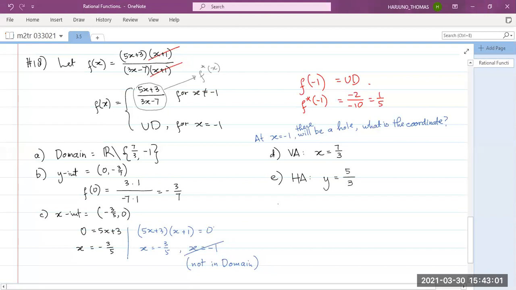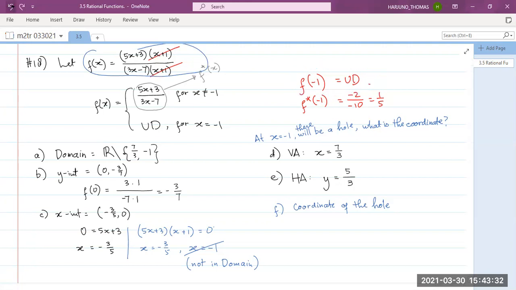Now let's answer that extra question. What is the coordinate of the hole? We know it will be a hole at x equals -1. If you plug x equals -1 into the original function, you will get undefined, right? So what you do is put it into the simplified form.